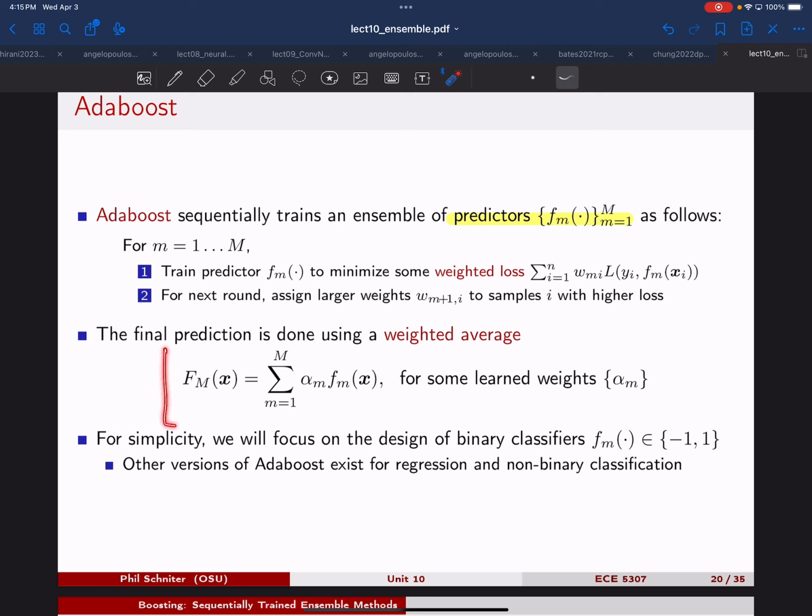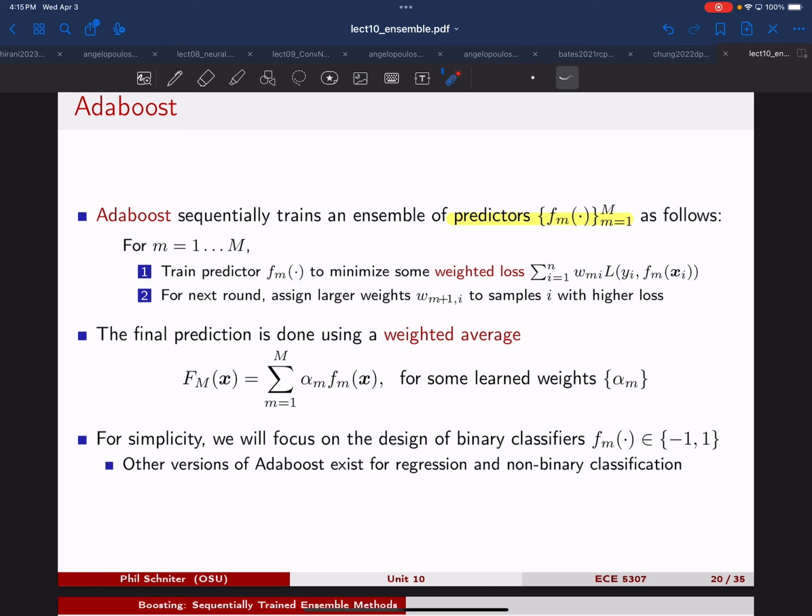The final strong learner here, you can see it's a summation of the base learners, but each one is weighted by some weight alpha_m. So this is going to be some linear combination of these, gives you the final combined one, and we're going to use a capital F for this boosted or combined model.